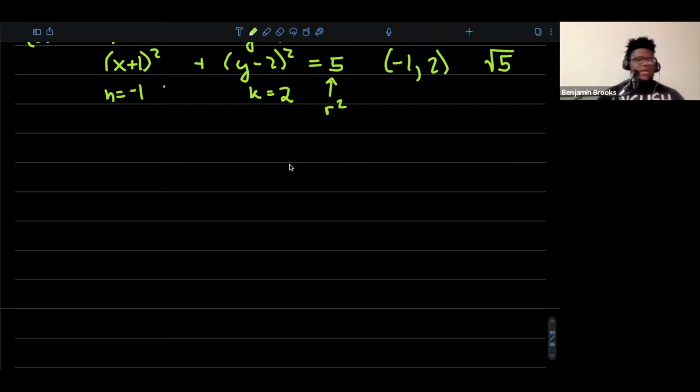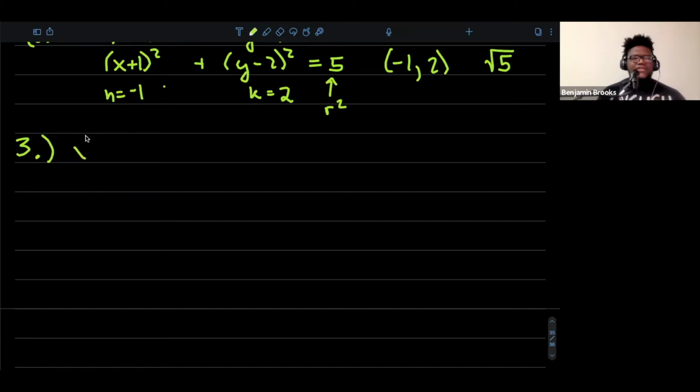Okay. All right. So now we're going to be talking about going from general form into standard form. So we're going to start with problem 3.